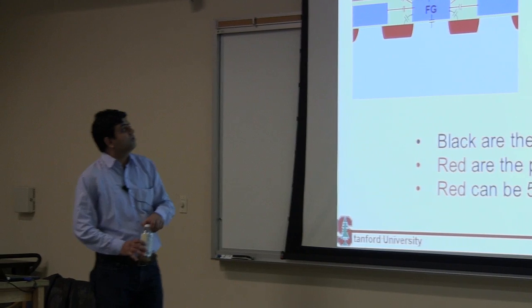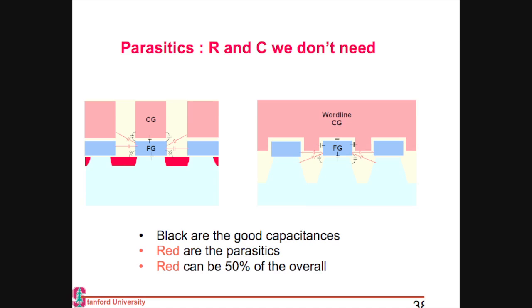So let's take a closer look at it. What is shown in black over here are the good capacitances. That is the capacitance between your floating gate and your channel, and your floating gate and your control gate. But you get these red capacitances, which are bad capacitances.